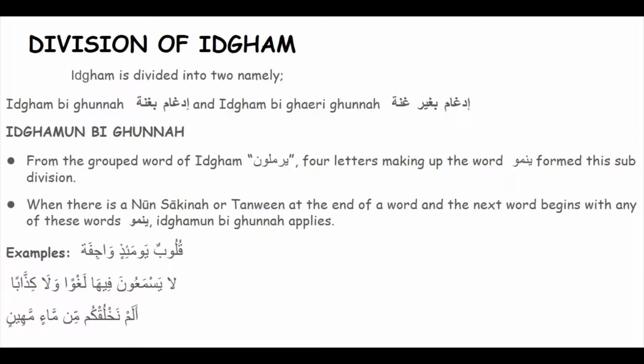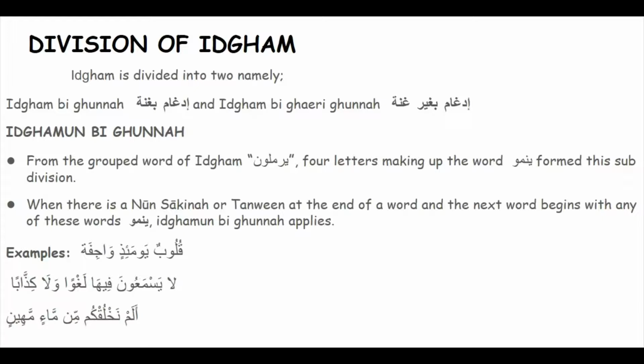An example is found in qulubun yawma idhin. We can see that there is a nasal sound coming out from the nose, from the nasal passage. There is a remnant of nun sakina which then produces ghunna.